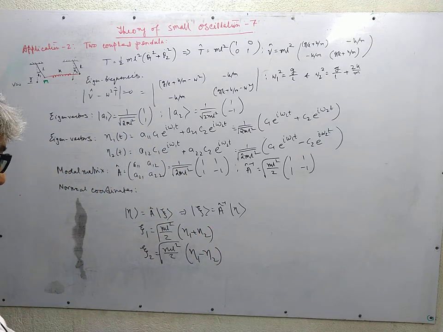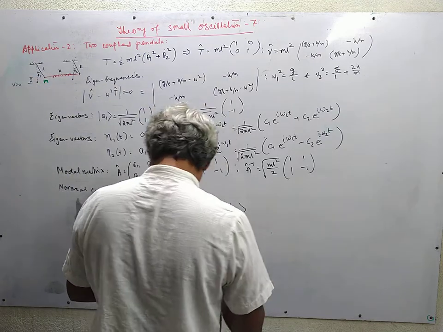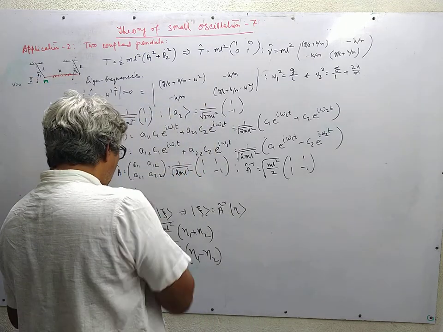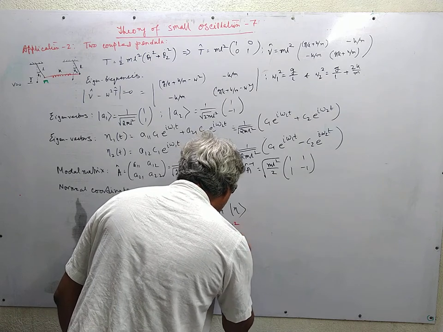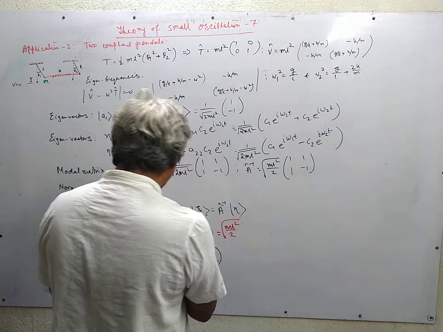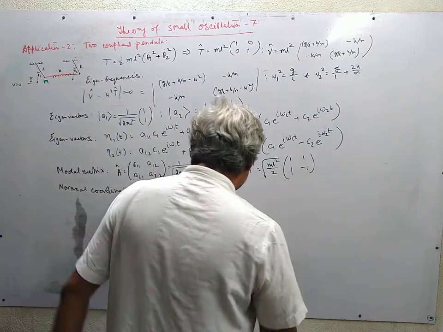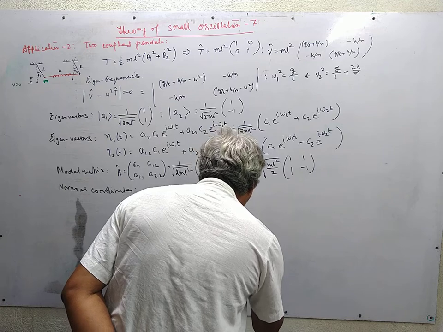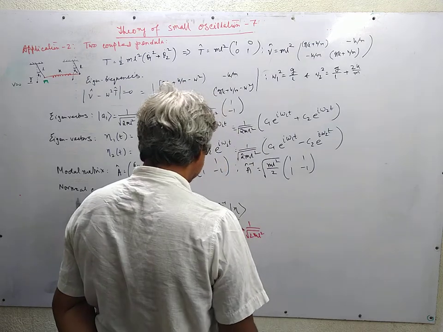If we put the value of eta 1 and eta 2 over there, we get ml square by 2 coming from here, and both eta 1 and eta 2 have a factor of 1 upon 2 root ml square.